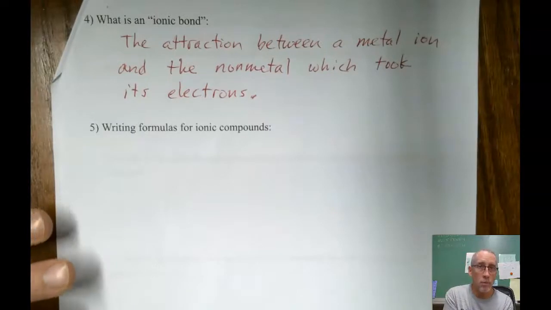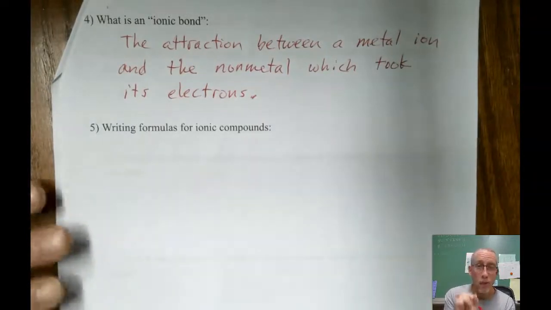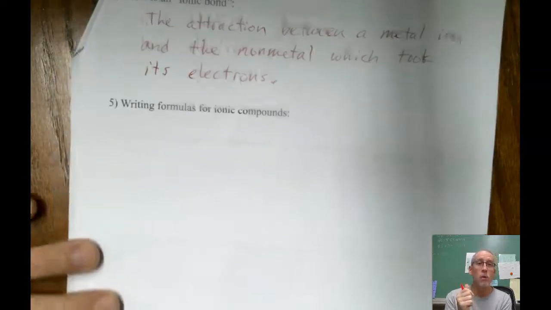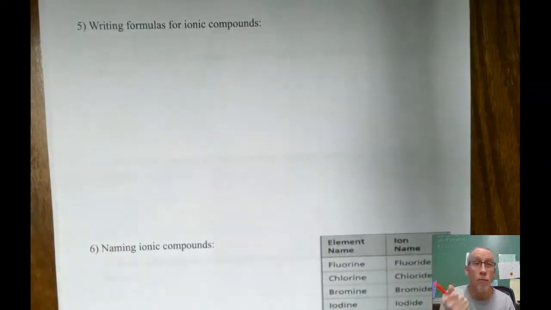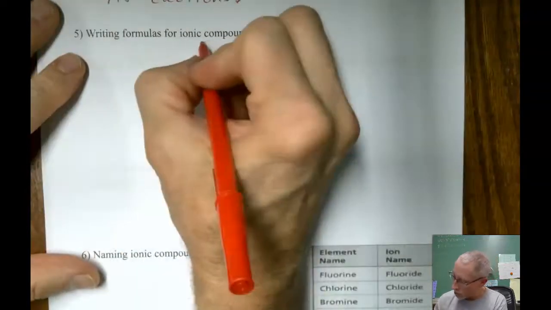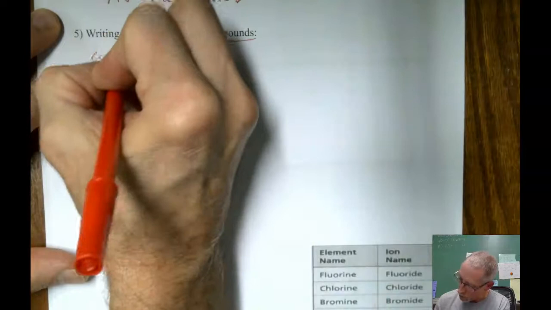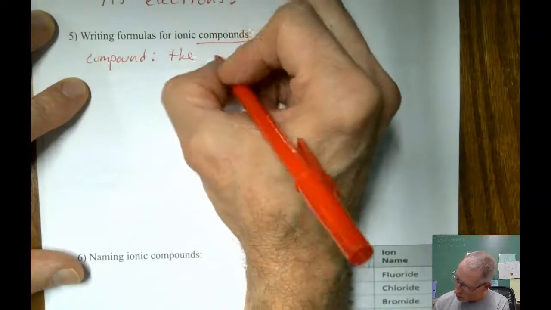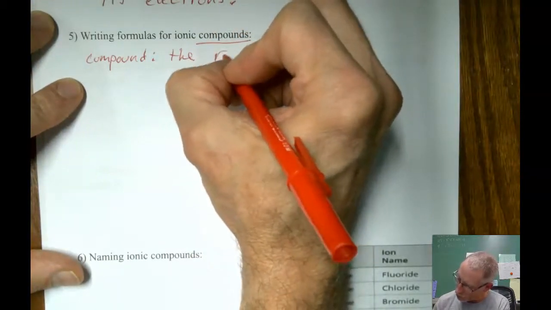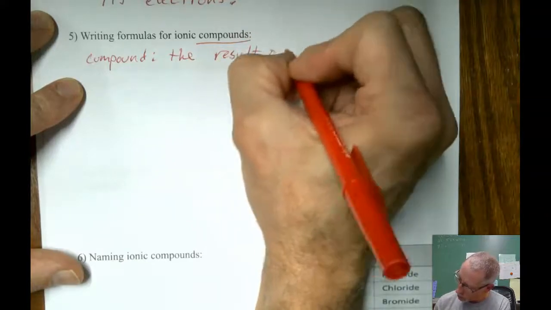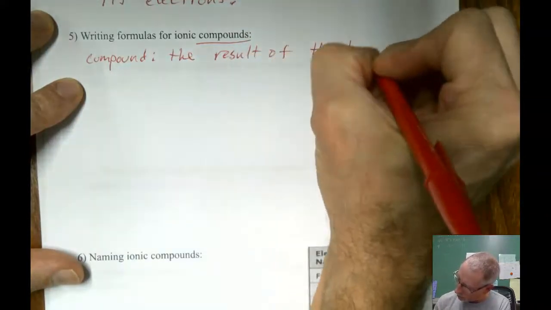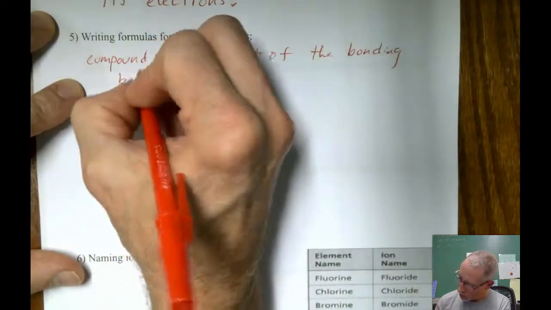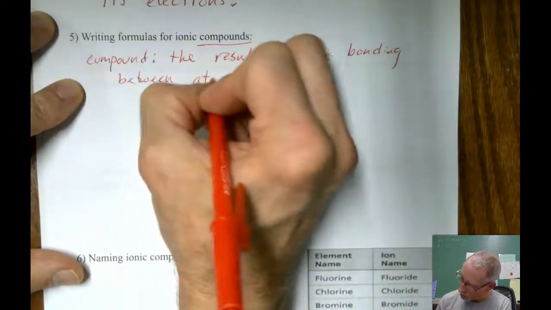So there's a lot of the background, some of the terminology. Now we're going to get to the skill that I want you to have, and that is really 2 things. I want you to be able to write the formula for an ionic compound and the name for the ionic compound. Okay? So first, let's describe what a compound is. A compound is the result of the bonding between atoms.